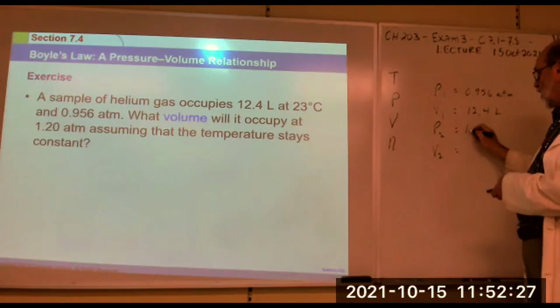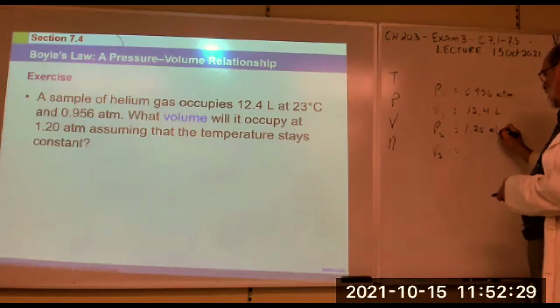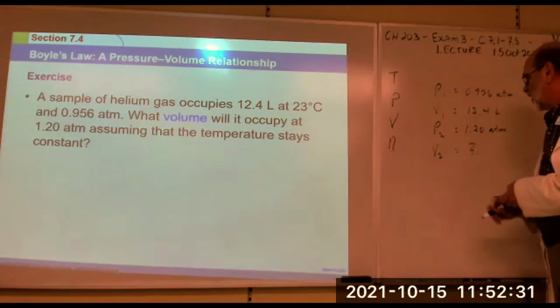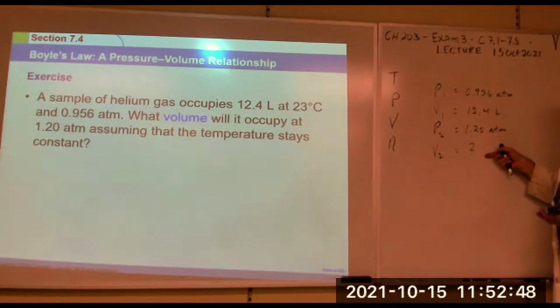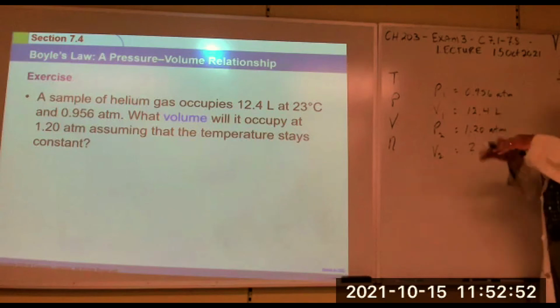And we want to go to a pressure of 1.20 atmospheres. So there's your unknown. Now you can put your values in the correct position. As long as the pressures are in atmospheres, the volume will be in liters. You could make this milliliters, then your answer would be in milliliters, simply because it's a ratio.